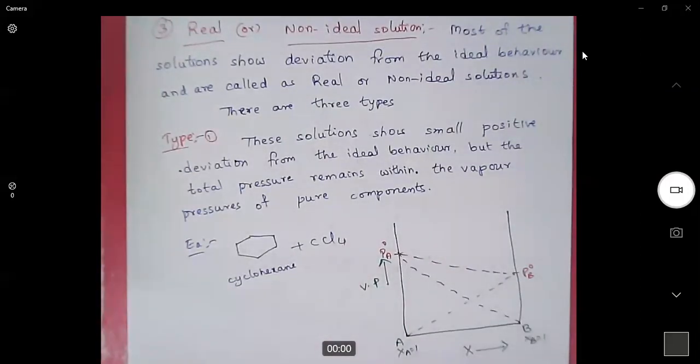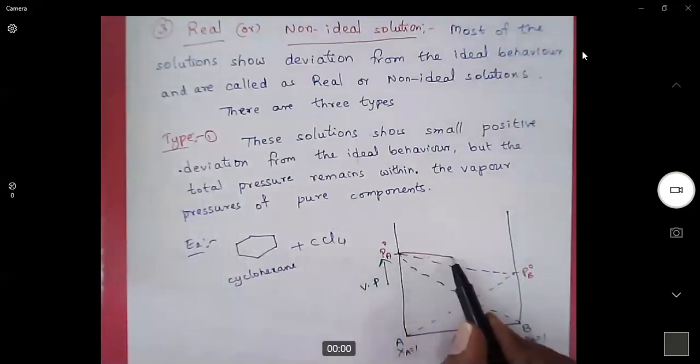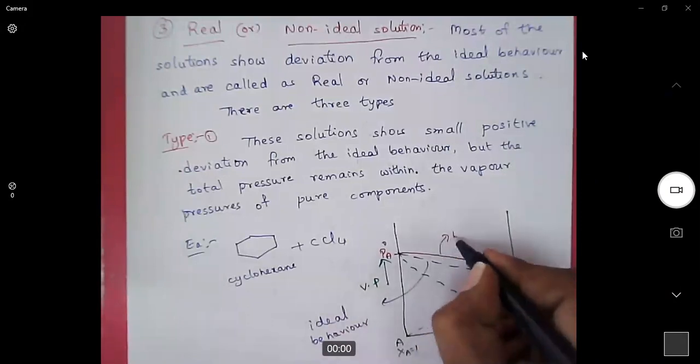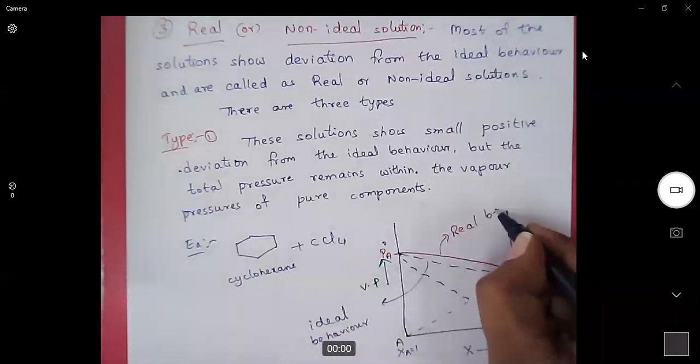Now, what are type 1 solutions? They will show small positive deviation. That means the sum of their vapor pressures is always a little higher than the ideal character. The dotted line is the ideal character, whereas this thick line represents real behavior in the solution.